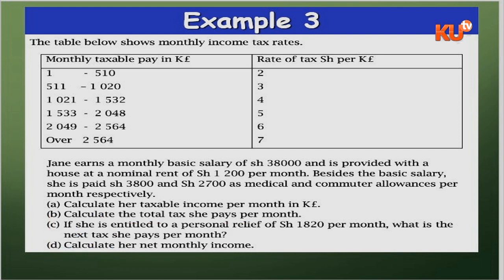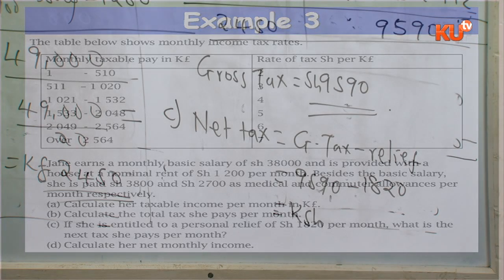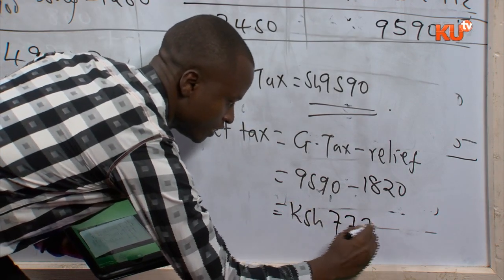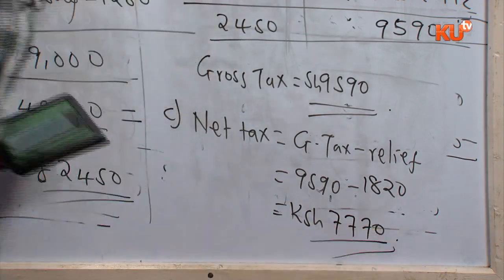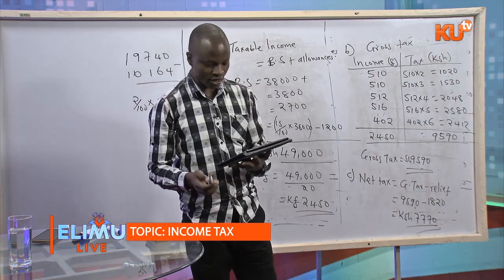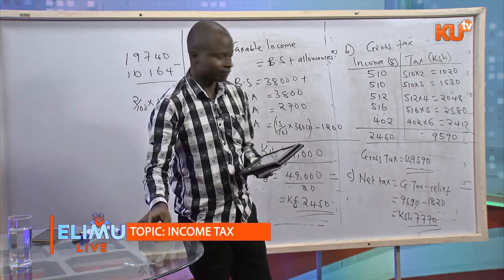So the tax this person pays to the government, that was Jen. So Jen pays to the government 95.90 minus 18.20, which will give you 77.70 Kenyan shillings. 7,770 Kenyan shillings. Now part D.